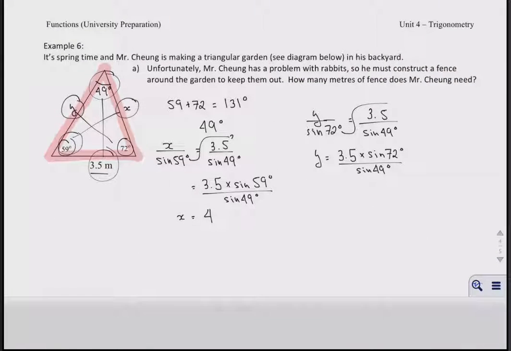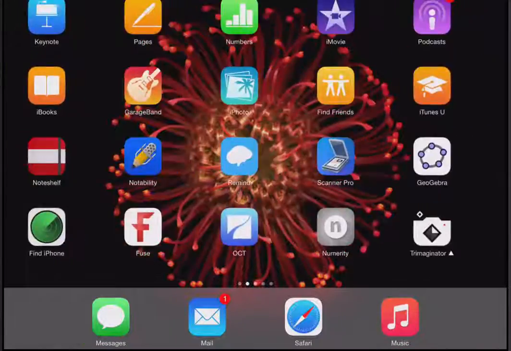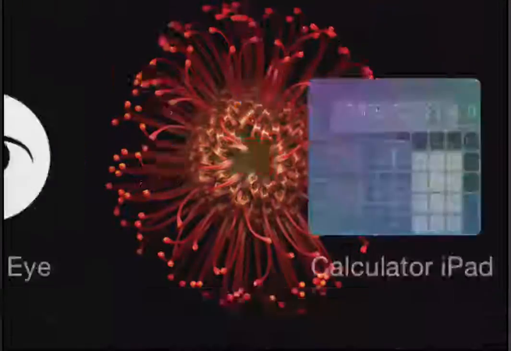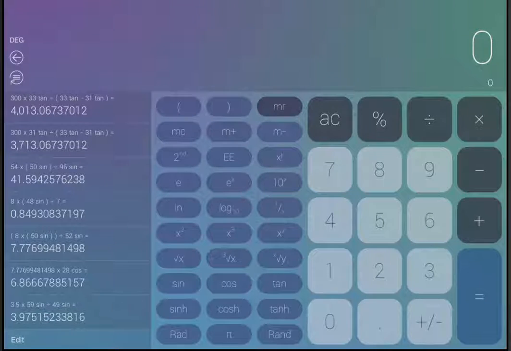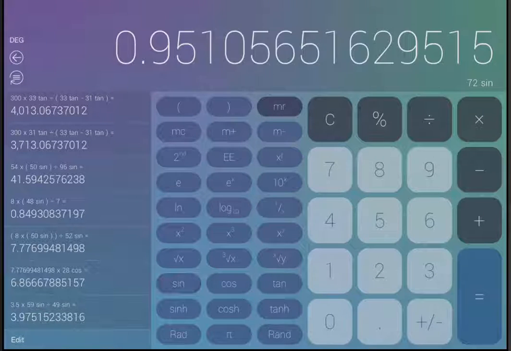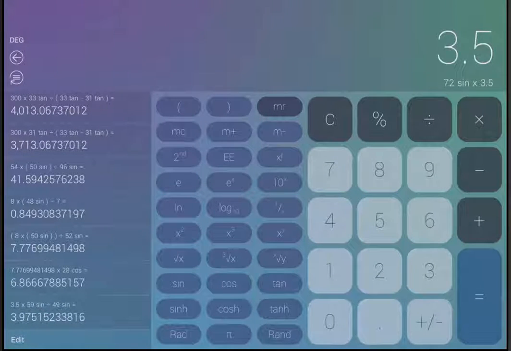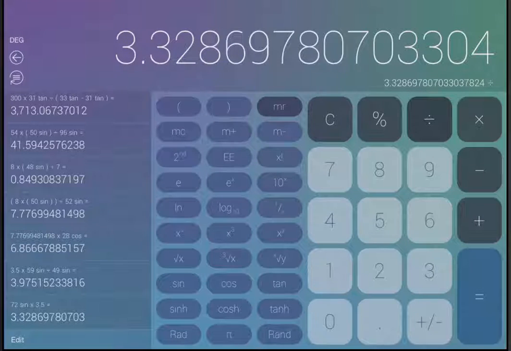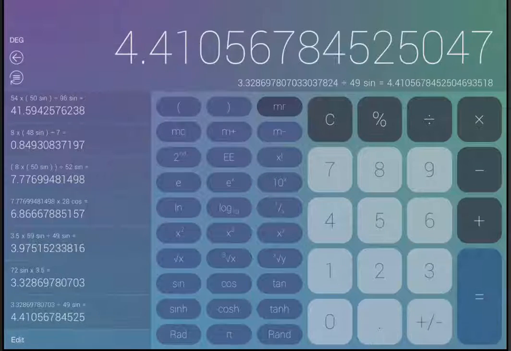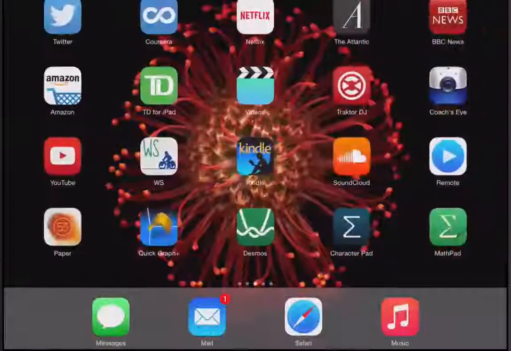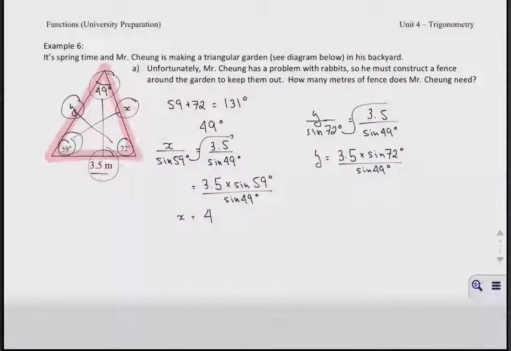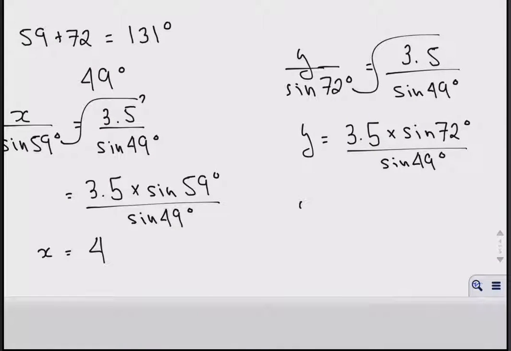And at this point, we just continue with our math, solving for y. So let's go back to our calculator. I have 72 sine times 3.5 divided by 49 sine gives me 4.4. So 4.4 is my y value.